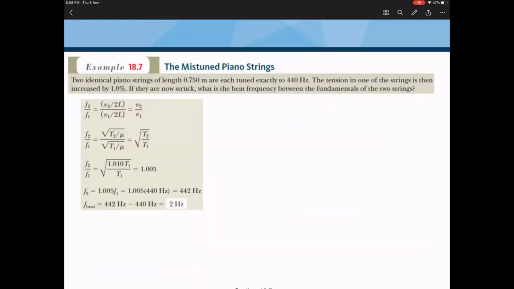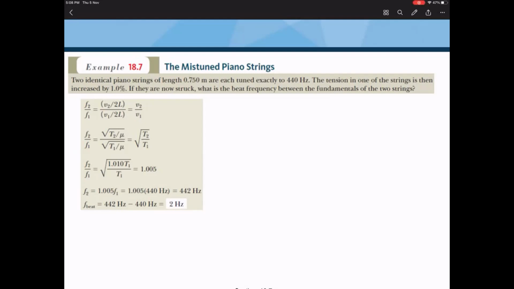You have two piano strings, and each should be tuned to 440 hertz. And then the tension of one is increased by 1%.